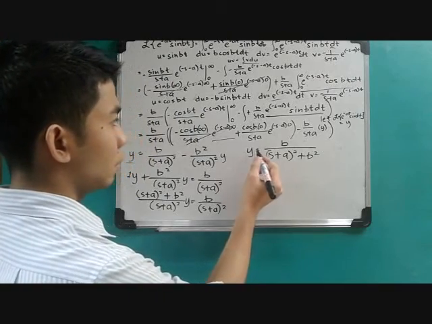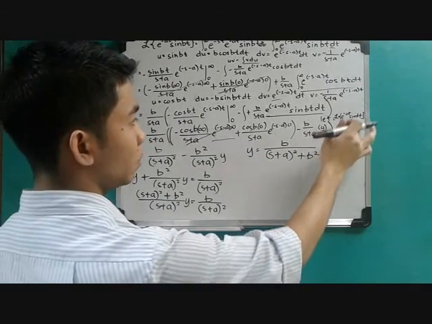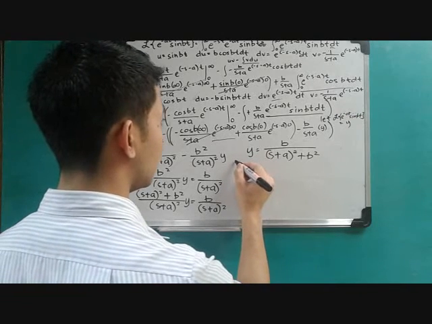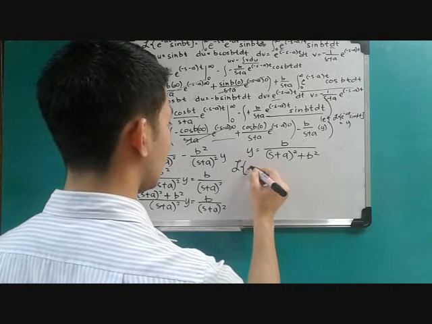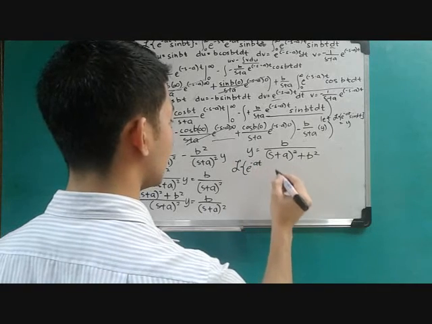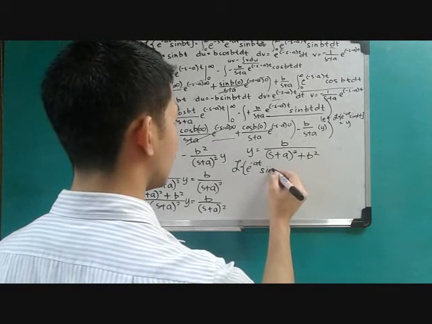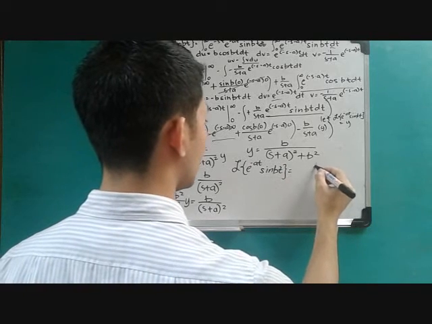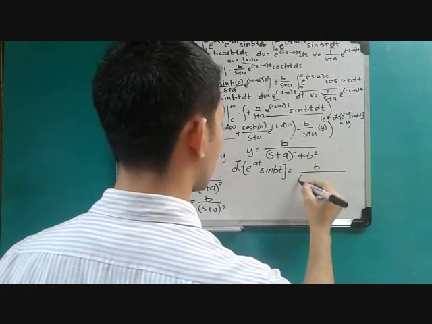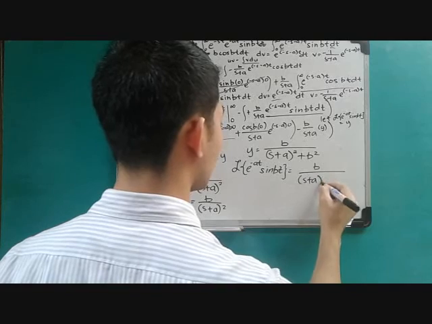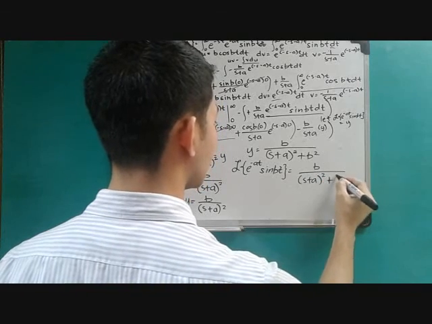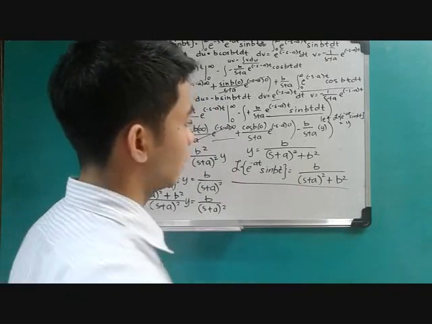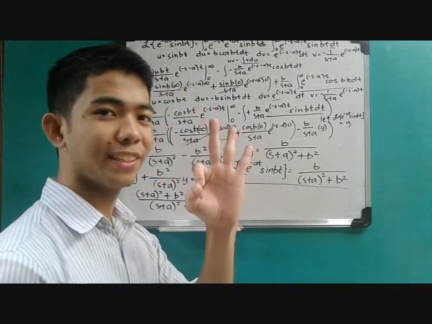So let y be equal to Laplace, so substitute: Laplace of e raised to negative at sine bt is equal to b over quantity s plus a squared plus b squared, and this is the final answer. And that's how it is done.